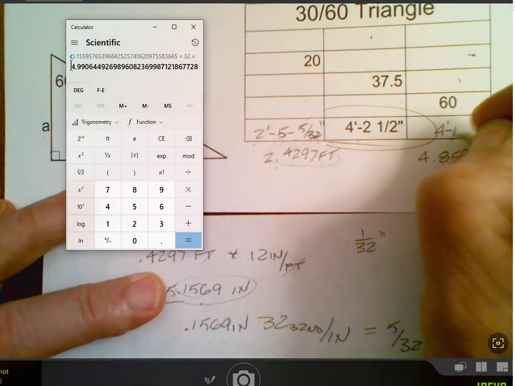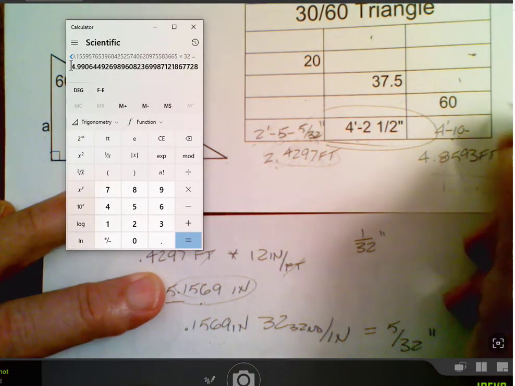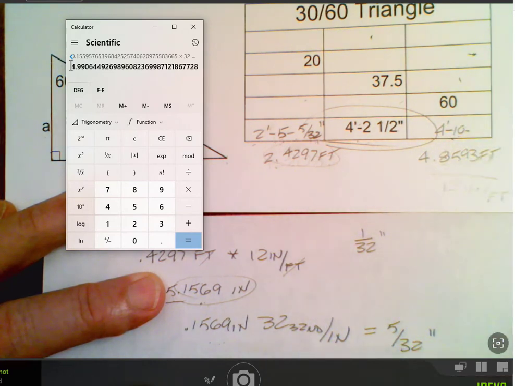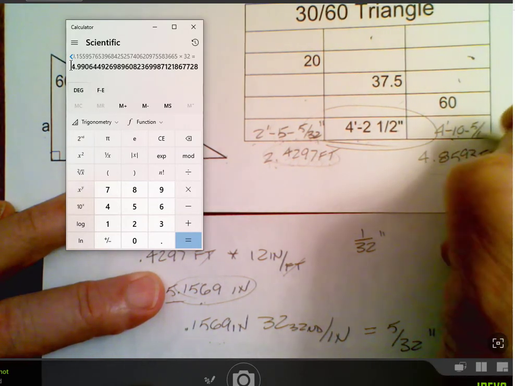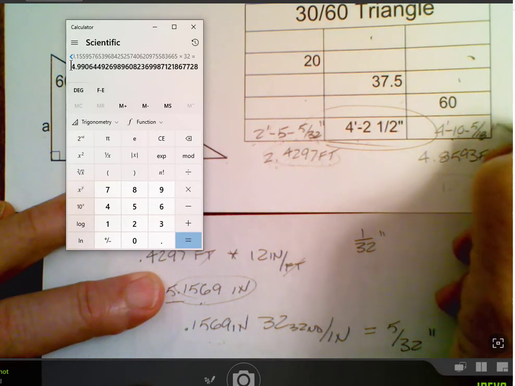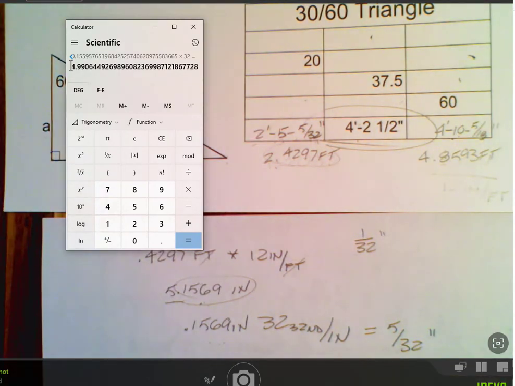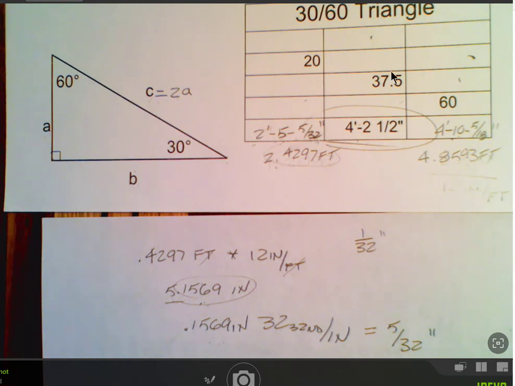So we could say 4 feet 10 and 5/16 inches. So those would be the two values. And if you look at it then logically, A and B and C have the relationship that's necessary based on the Pythagorean theorem. And because it's a 30-60 triangle, it just so happens that A is 1/2 of C. So those are your right answers.